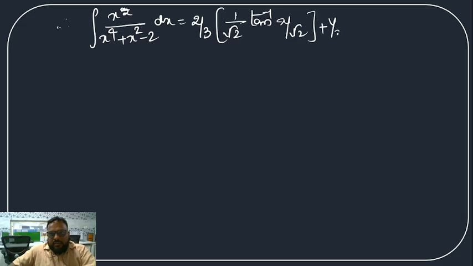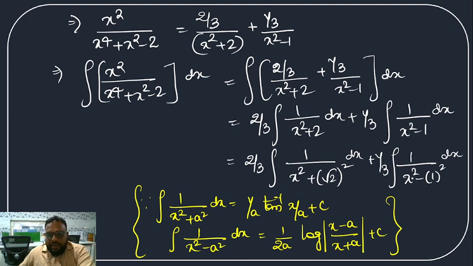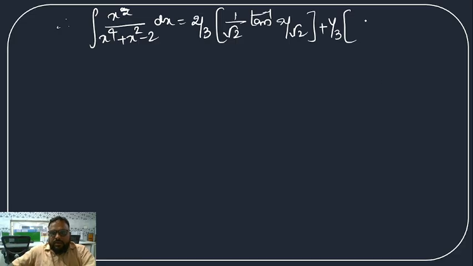Similarly, 1 by 3 into 1 by x square minus a square, so 1 by 2a log x minus a by x plus a. That means I can write it as 1 by 2 log mod x minus 1 by x plus 1 plus c.